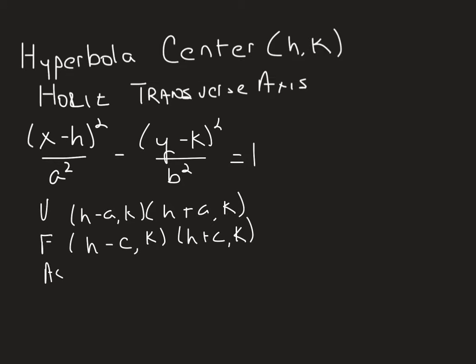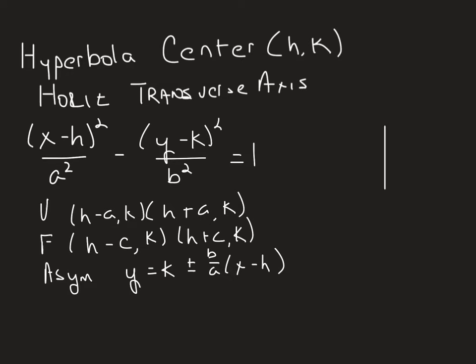And the asymptotes are y equals k plus or minus, in this case, change in y over change in x, so it's b over a times (x minus h). Those are the equations for the two asymptotes.